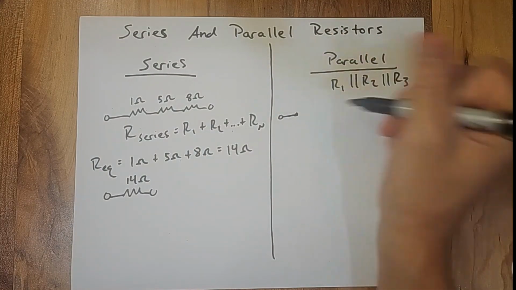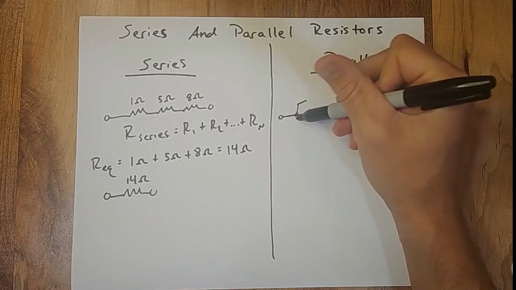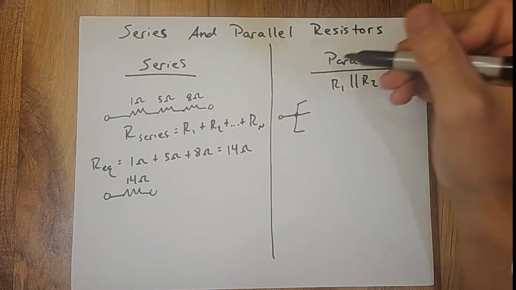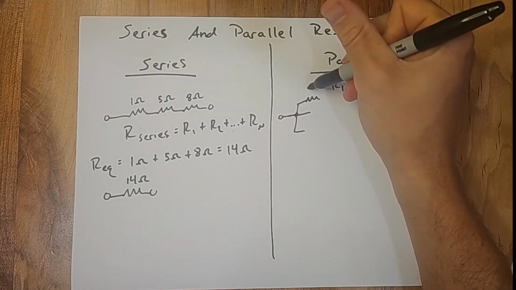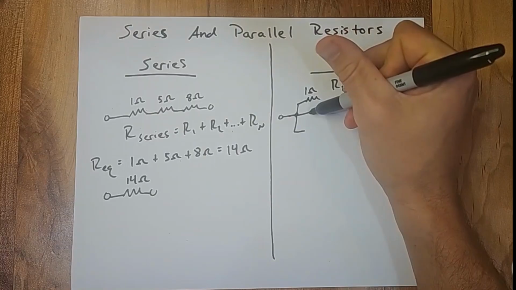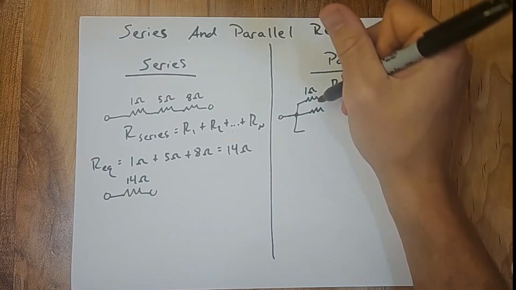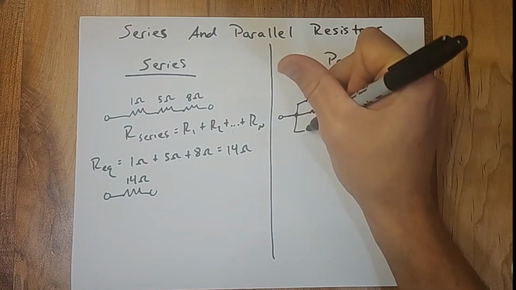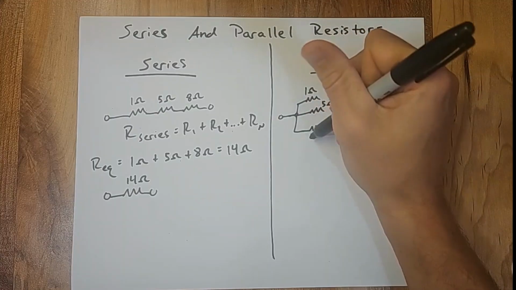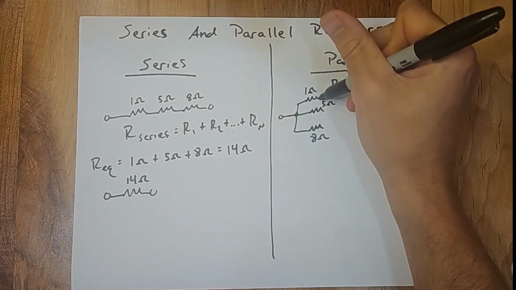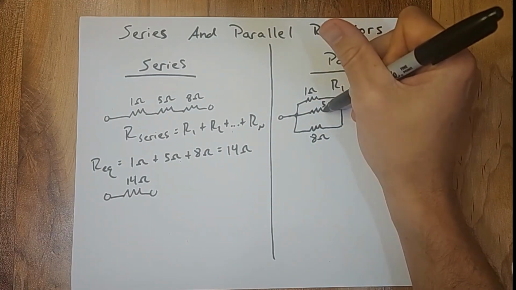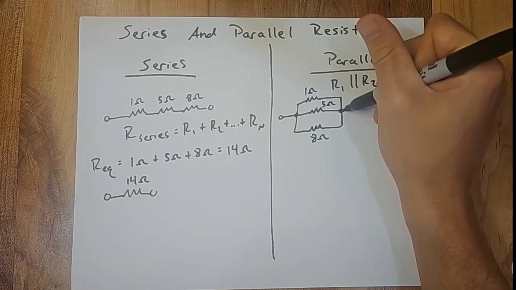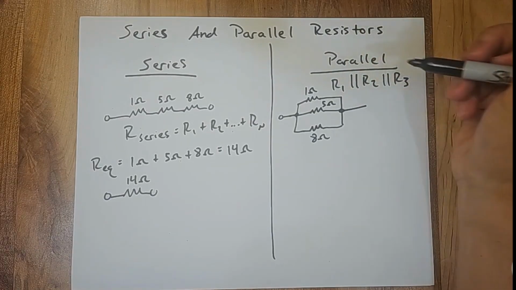We're going to come to a node, and we're going to split into 3 branches: 1 ohm, 5 ohm, and 8 ohms. Then our node comes back together, and we continue on.